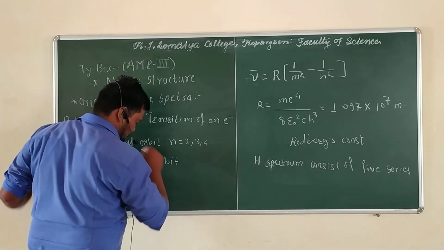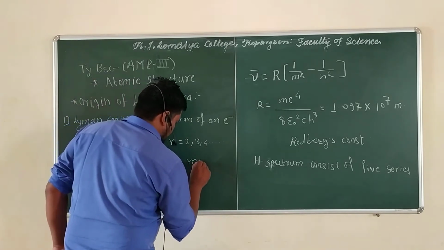So the lower orbit is fixed, that m is equal to 1.